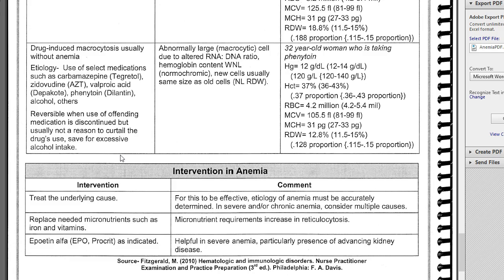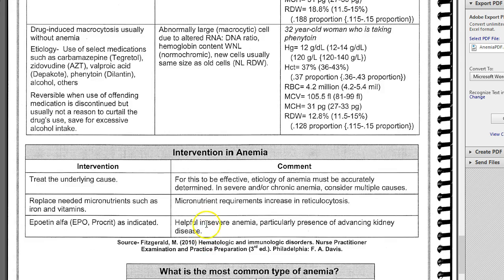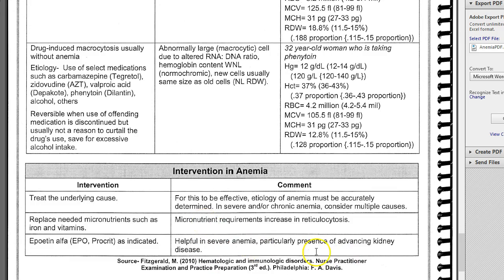So that's pretty much it. And this goes for all anemias, by the way. Treat the underlying cause, replace needed micronutrients, and here's your EPO or your Procrit as indicated in the settings that we talked about, particularly advanced renal issues. You're going to see that.